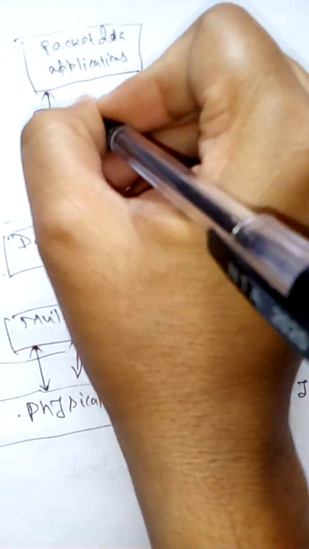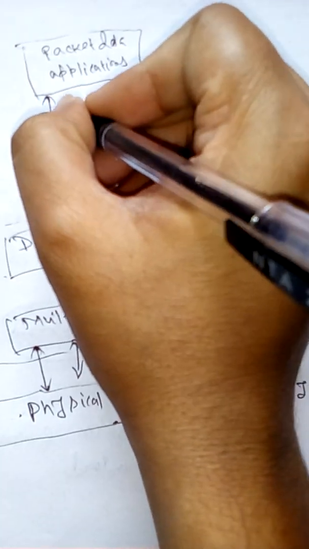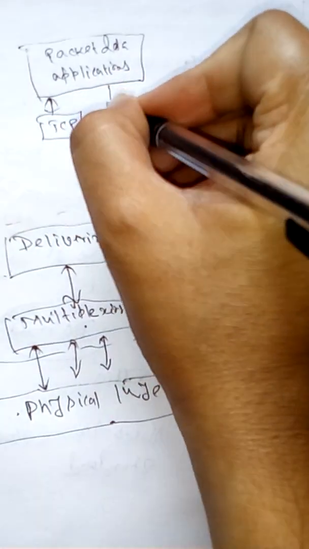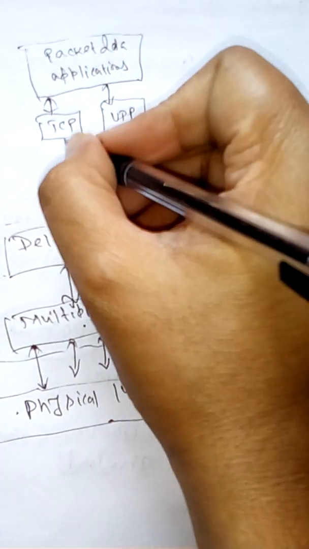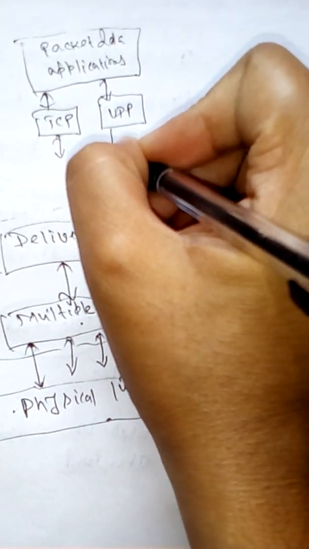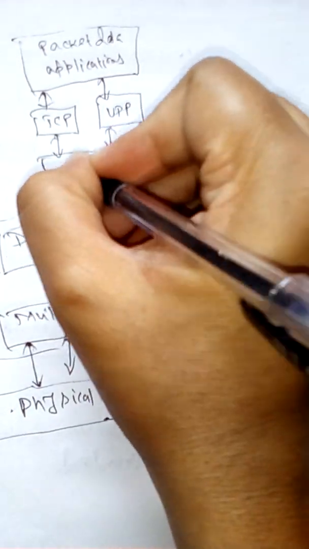There we get TCP and UDP. This is connected to IP, Internet Protocol.